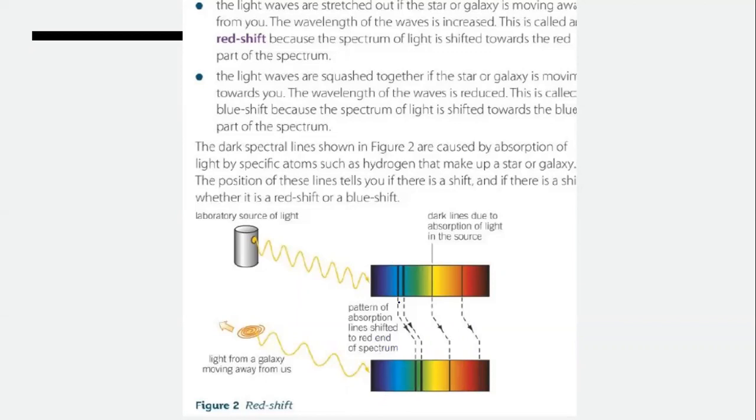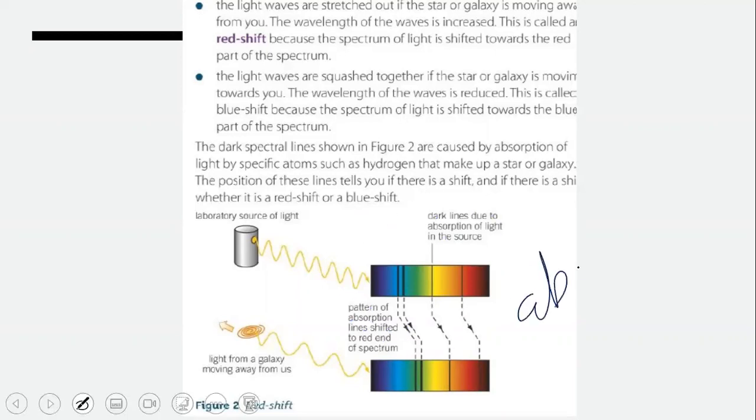Now, if you look over here, can you see these black lines? These black lines show the absorption of light by specific atoms in our star or in our galaxy. So let's say that 10 years ago, the scientists got this absorption spectrum.